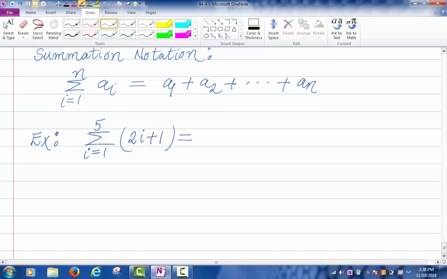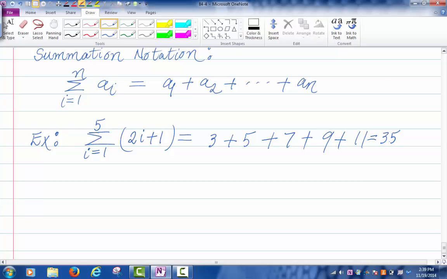So when i is 1, what summand do I get? 3. When i is 2, I get 5. When i is 3, I get 7. When i is 4, I get 9. When i is 5, I get 11. So 2i plus 1 is telling you how to compute the ith summand, and i goes from 1 up to 5. Is everybody okay with that? So then this is equal to what? Is that 35?